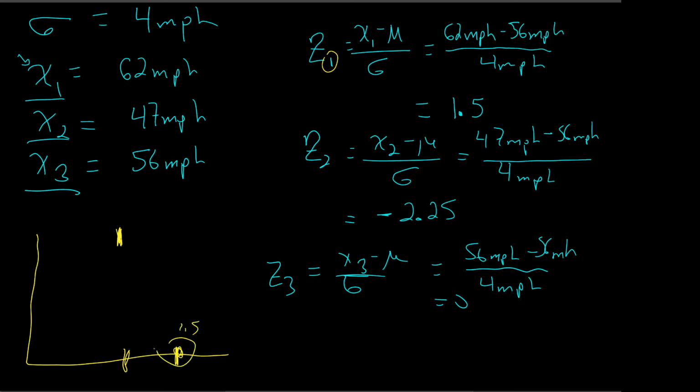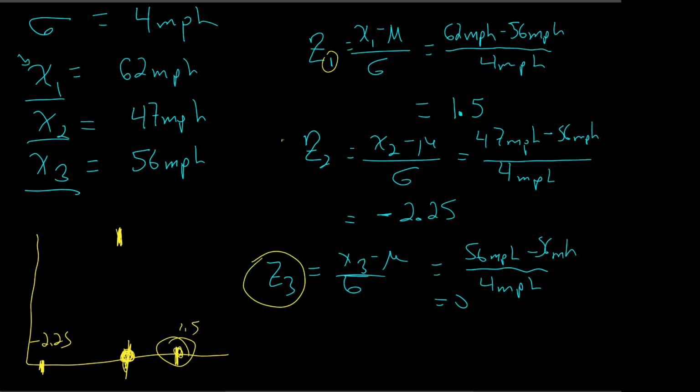I know where it's at. This is 1.5 standard deviations away from the mean. z2 is negative 2.25, so it's further over here, negative 2.25. And z3 is 0, and so z3 is right on the mean.